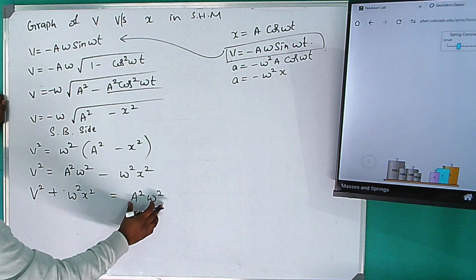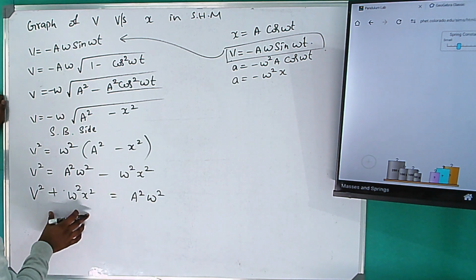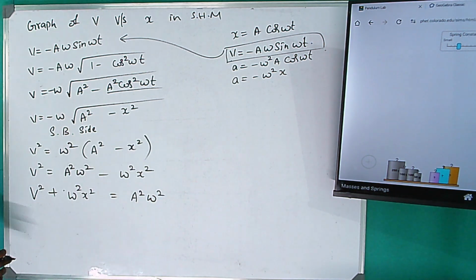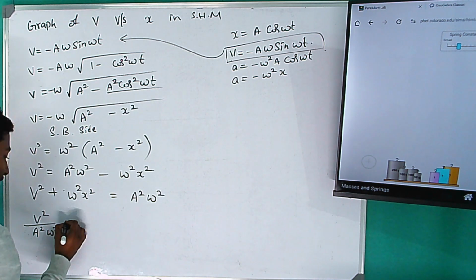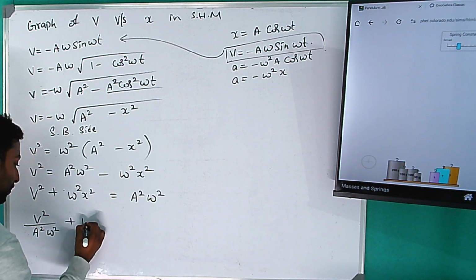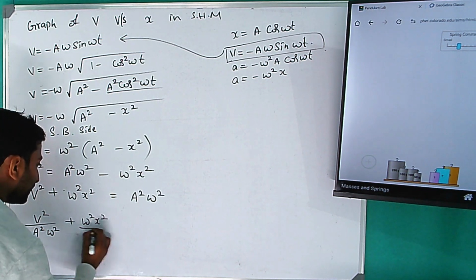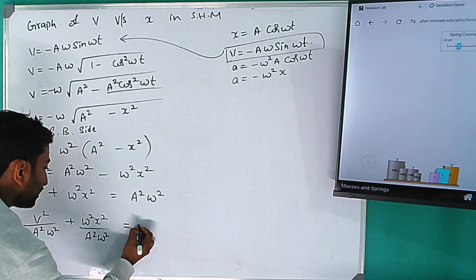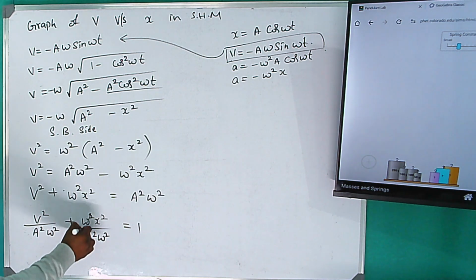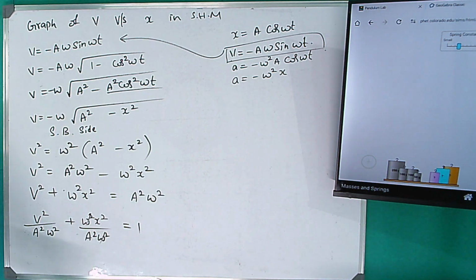Now I divide the whole equation by a square omega square. v square divided by a square omega square plus omega square x square divided by a square omega square is equal to 1. Omega square will get cancelled.